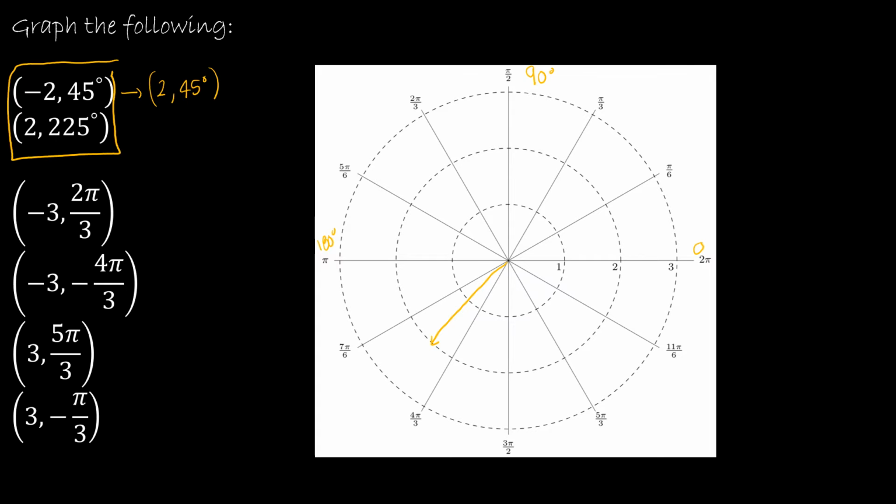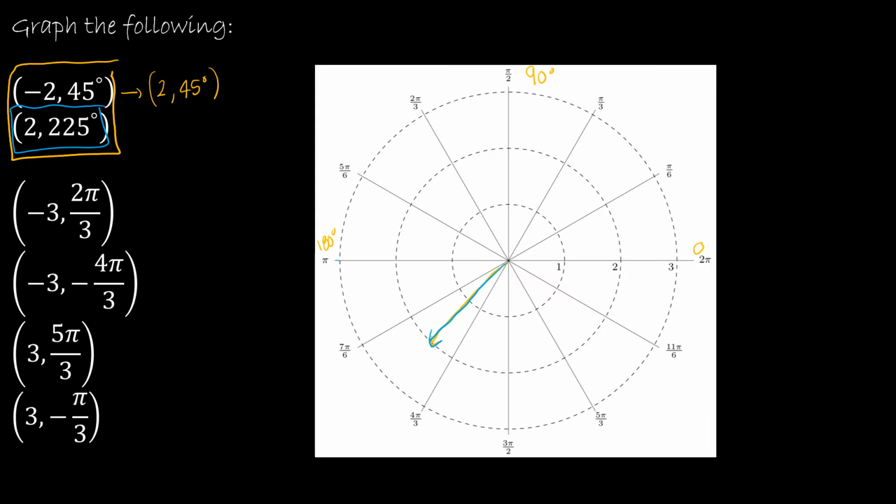Now let's take a look at (2, 225°). Well, 225 is 180 plus 45. So (2, 225°) would be from here. This would be 180 plus another 45, and yes, that's the exact same place.